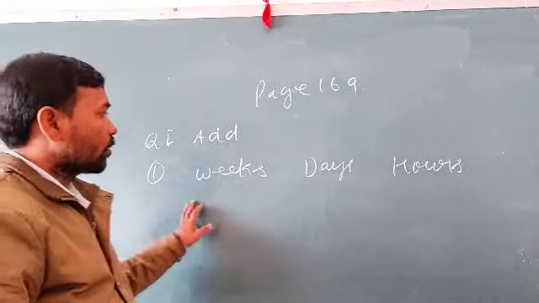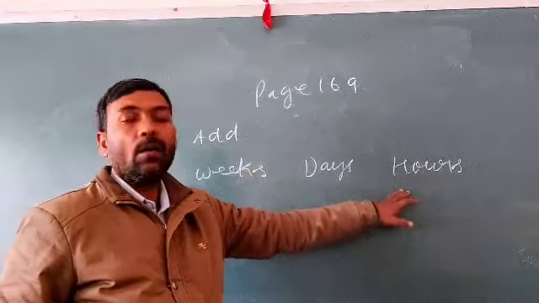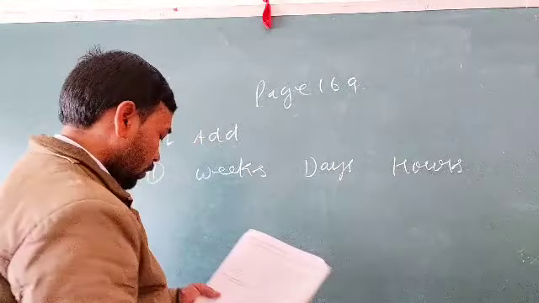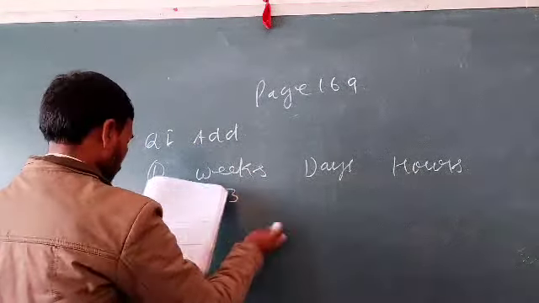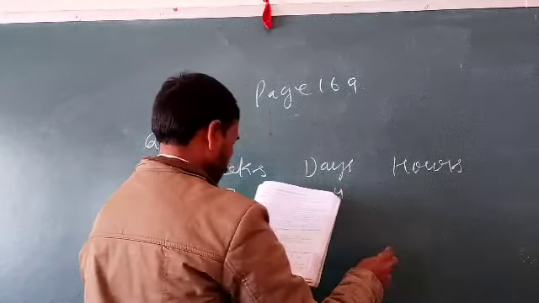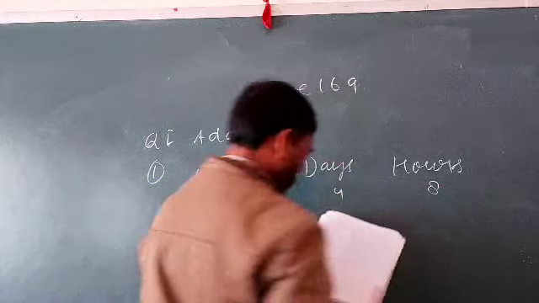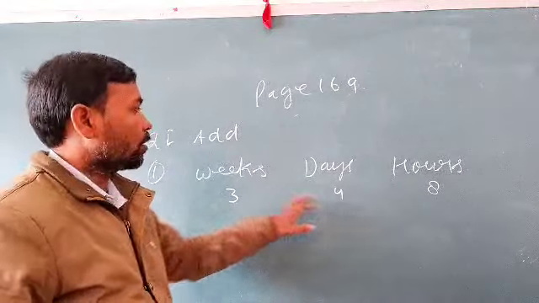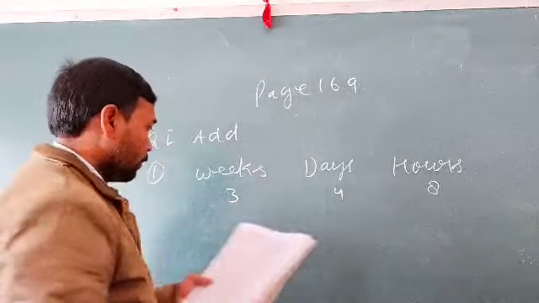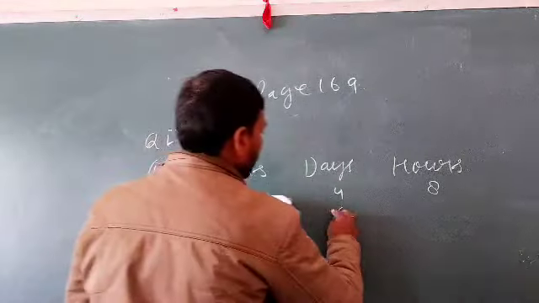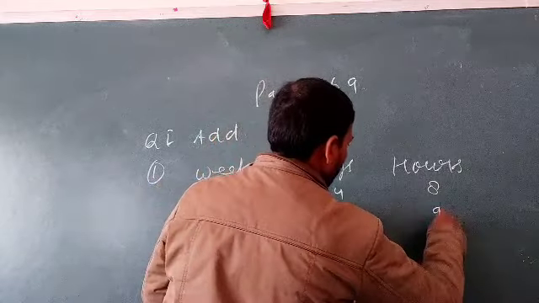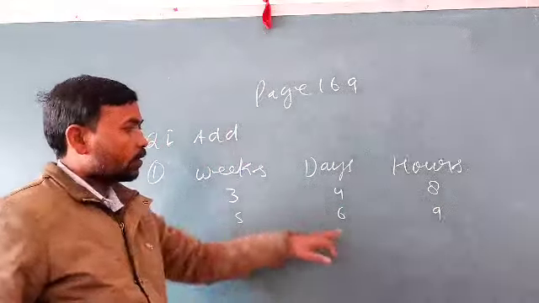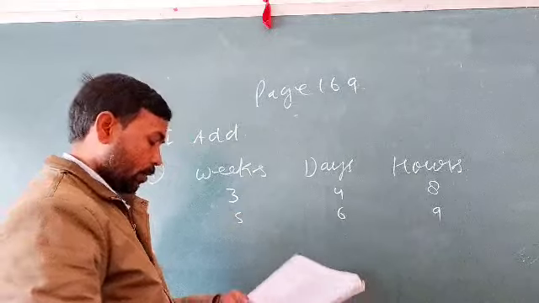Here three columns are given: weeks, days, hours. The first line is 3 weeks, 4 days, 8 hours. Then 5 weeks, 6 days and 9 hours.